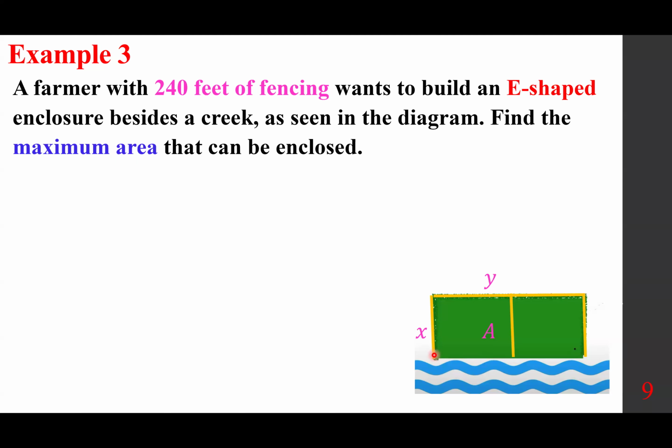We define the width to be x, the length to be y, and the area, which is the product of the two because it's a rectangular shape. The objective is to maximize the area, x times y.